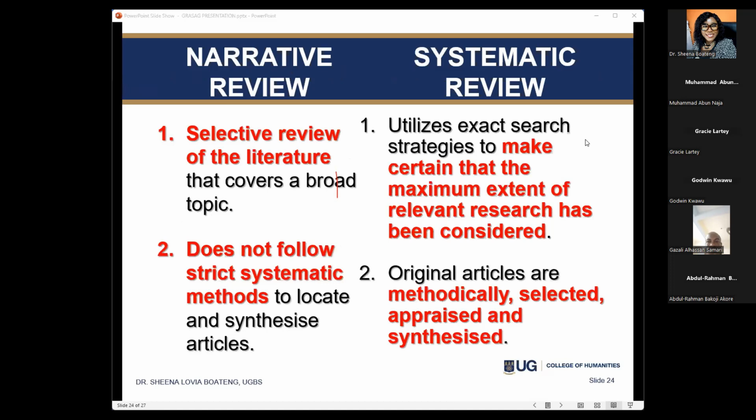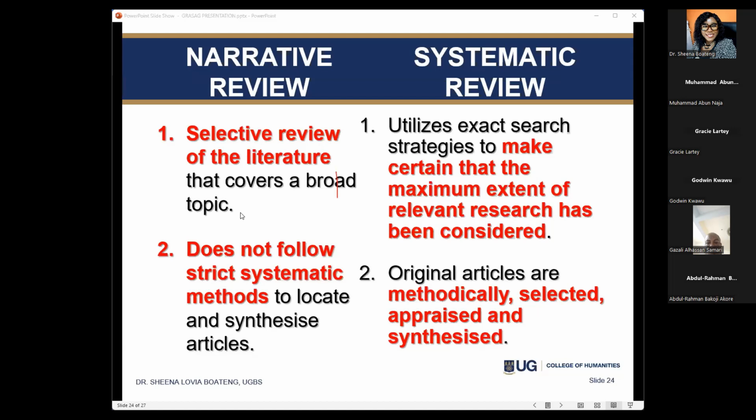So like I said, the narrative review is not nearly as robust as the systematic review, right? Because it is a selective review of literature, meaning that the end product may not necessarily help you cover enough of the literature to give you a good idea of the knowledge that exists in the area.